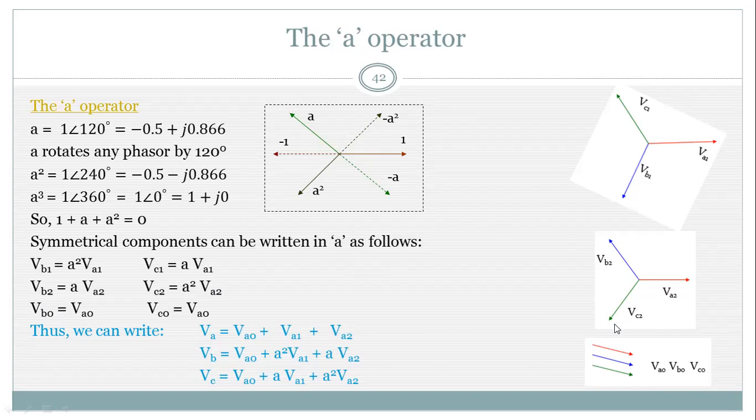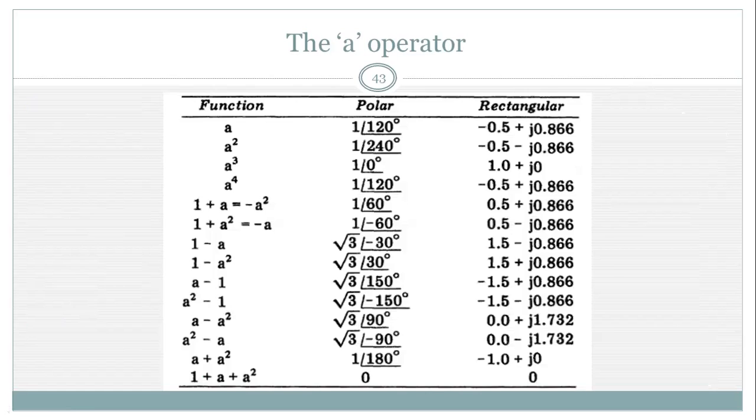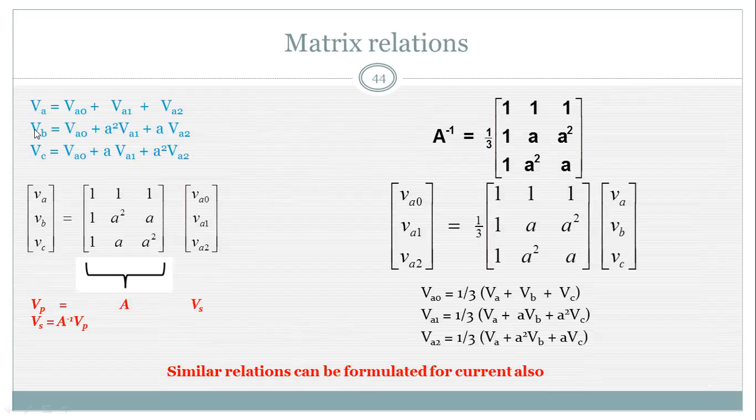Similarly, for VC1, the displacement from VA1 is 120 degrees, in the anticlockwise direction, so we multiply VA1 with A to find VC1, and similarly the rest. So we can easily convert our equation VB0, VB1, and VB2 into VA0, VA1, and VA2, and similarly for C phase. So here there are three equations.